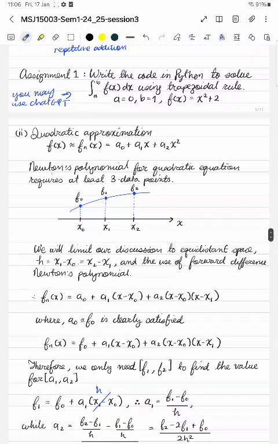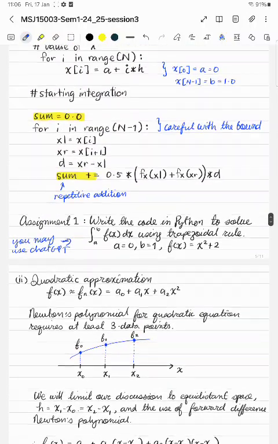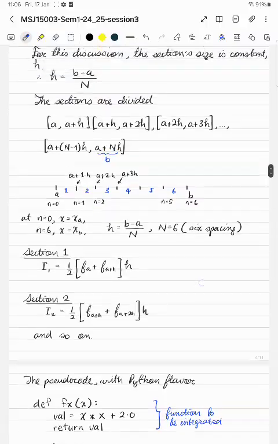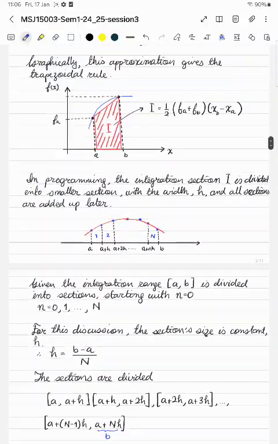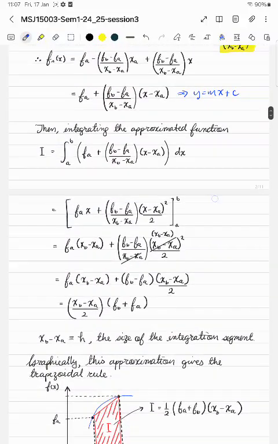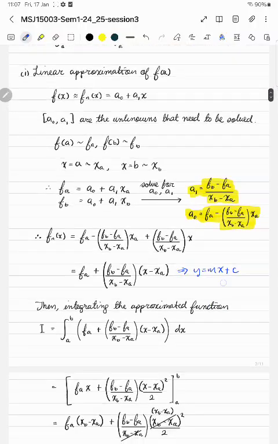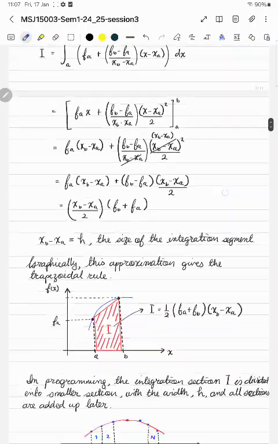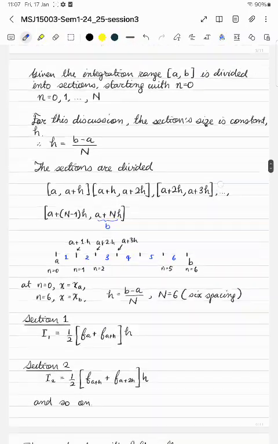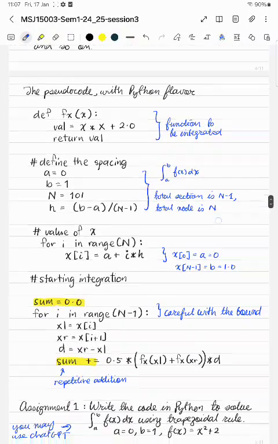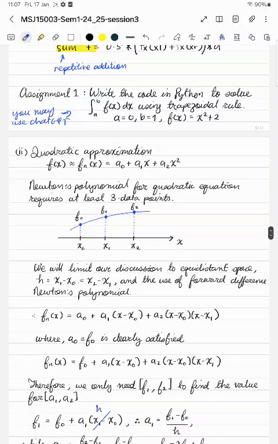Next, we look at the use of quadratic approximation. Now, the first one is the linear equation. So you have here a linear equation, and next up is the quadratic equation, and this is where you get the Simpson's one-third rule.